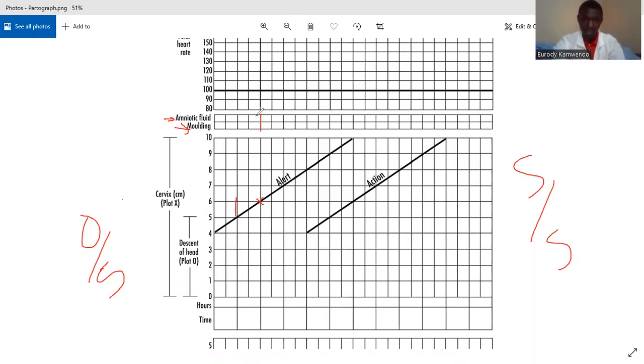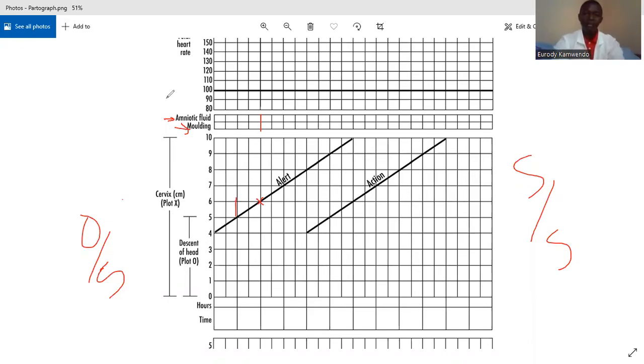So our recording should be in these boxes like that. Okay. So when it comes to the amniotic fluid, which is basically the liquor, you check first whether the membranes are still intact or whether the membranes have ruptured.